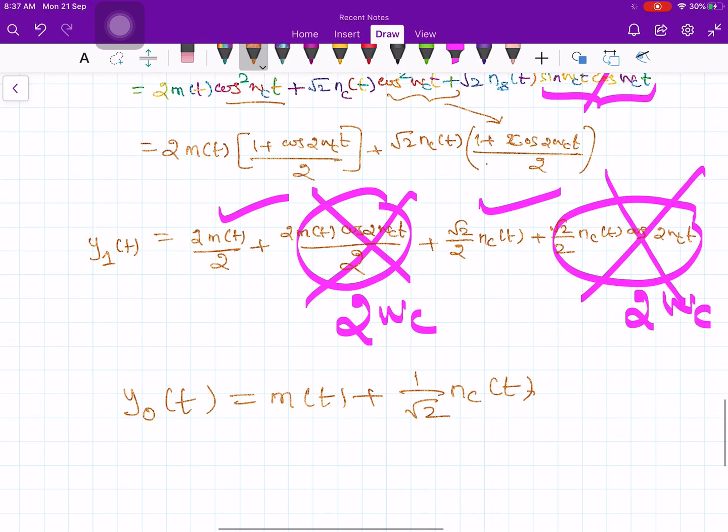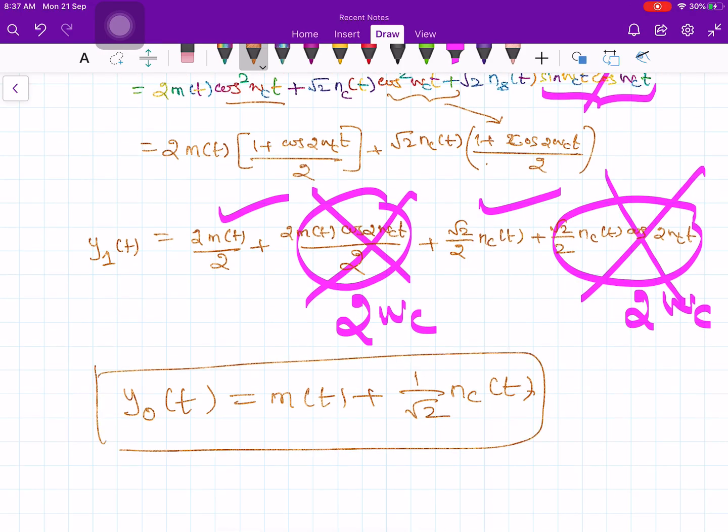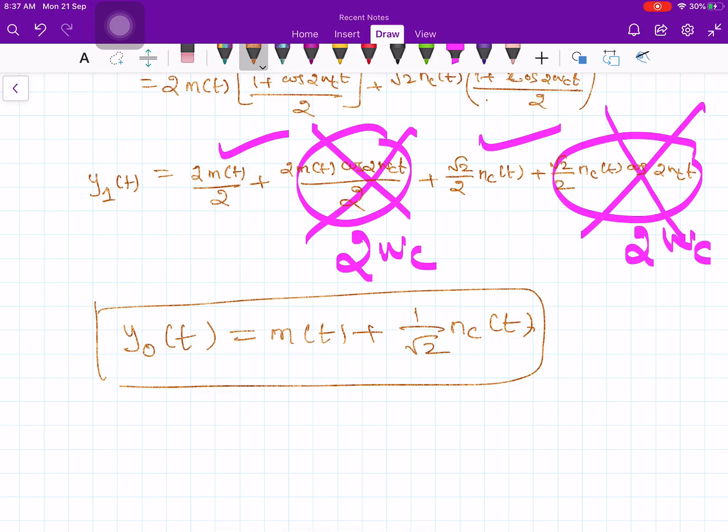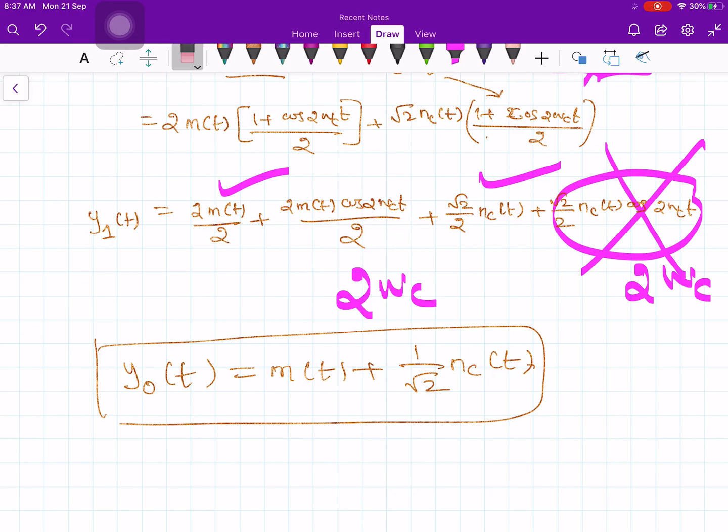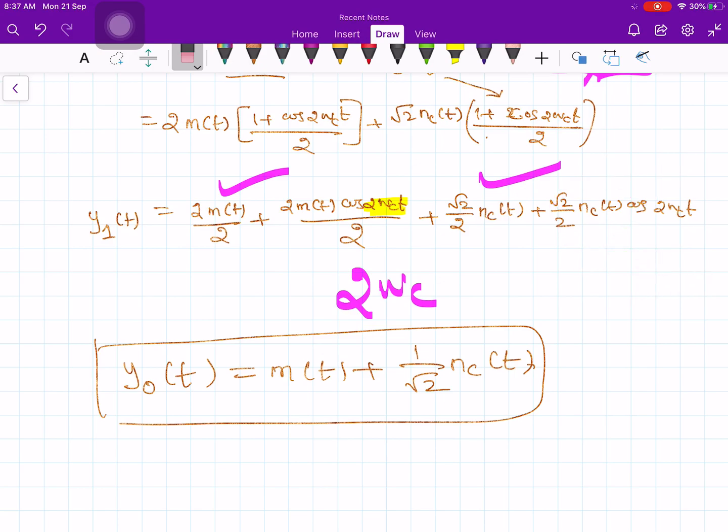Okay, so this is the output of the demodulator. After the low pass filter, this cos 2 omega ct term will get eliminated. Here also you have a cos 2 omega ct term. This term will get eliminated. Therefore the output will be m of t plus 1 over root 2 times nc of t.